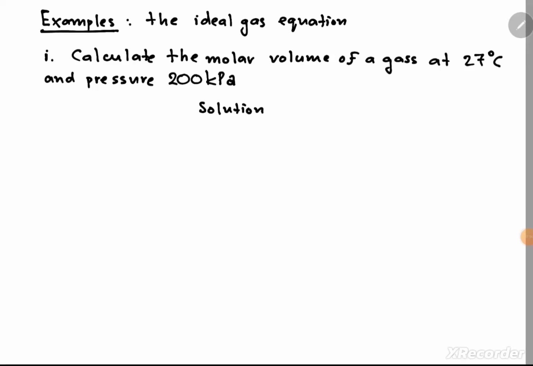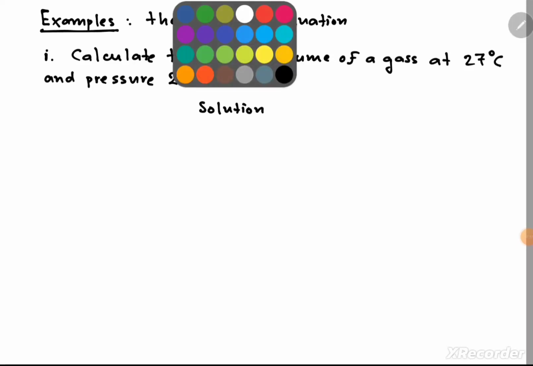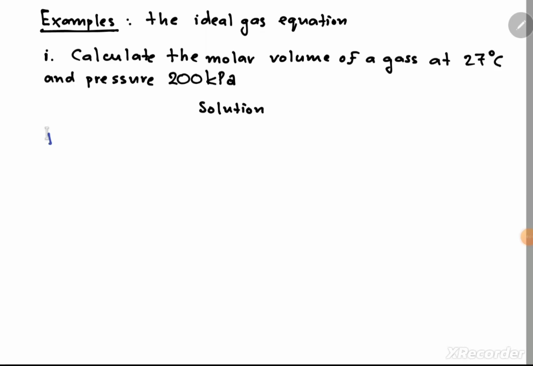We write first the ideal gas equation, which connects the gas characteristics. The gas constant R is given, but we have to be careful for the units of pressure, volume, and temperature. So pressure is equal to 200 kilopascal, and we have to convert it to Pascal.